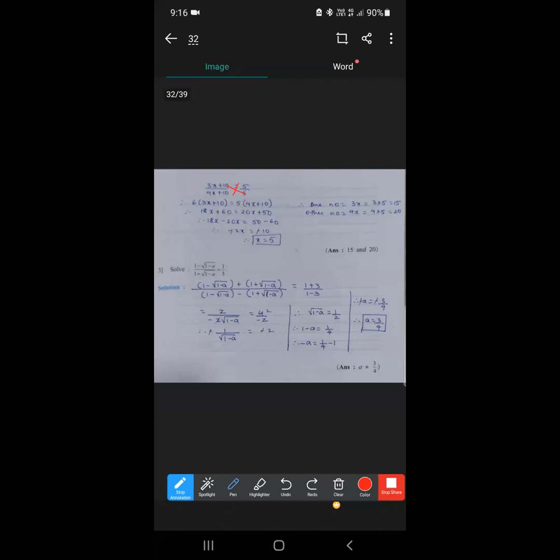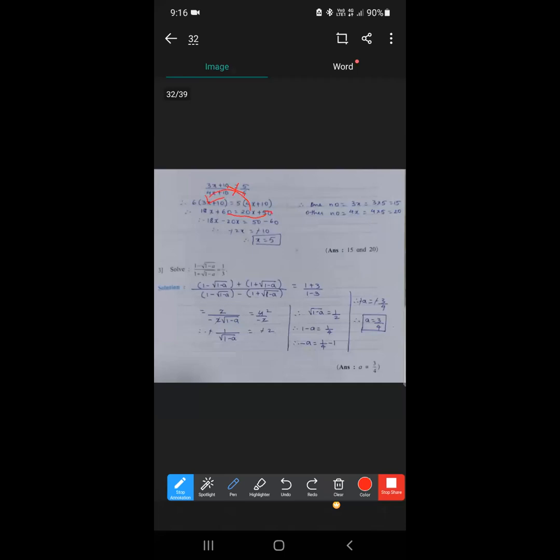Now all the variable terms on one side and all the numerical terms on the other side. So 18x, and this plus 20x, when it goes to this side, becomes minus 20x, equal to 50, as it is. And this plus 60, when it comes to this side, becomes minus 60.